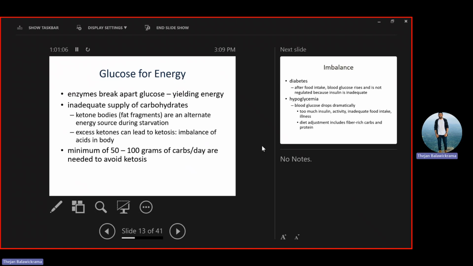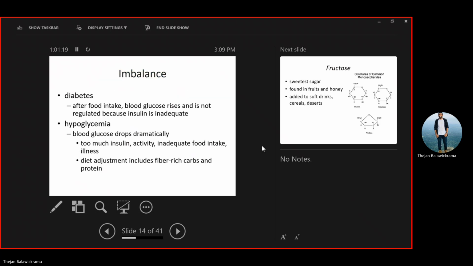If that is not available, the situation called ketosis arises. That particular imbalance is what I was talking about.